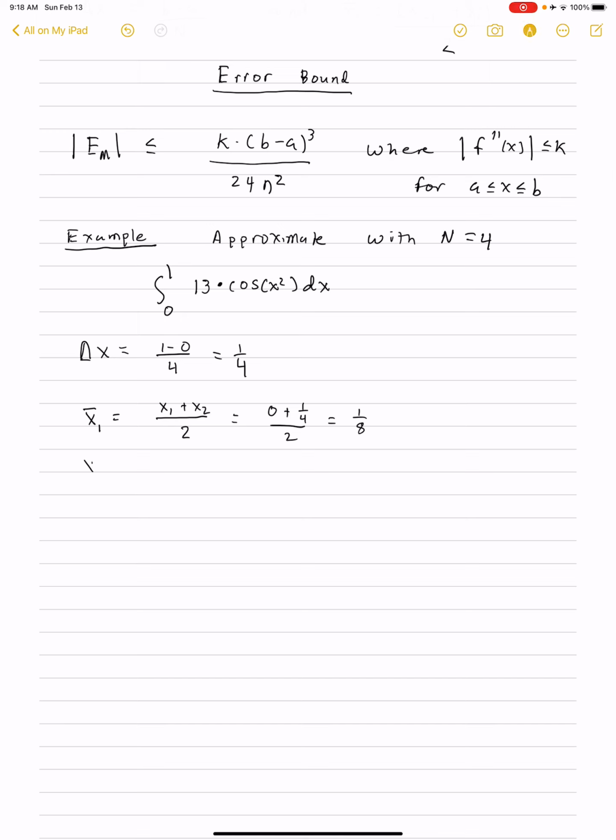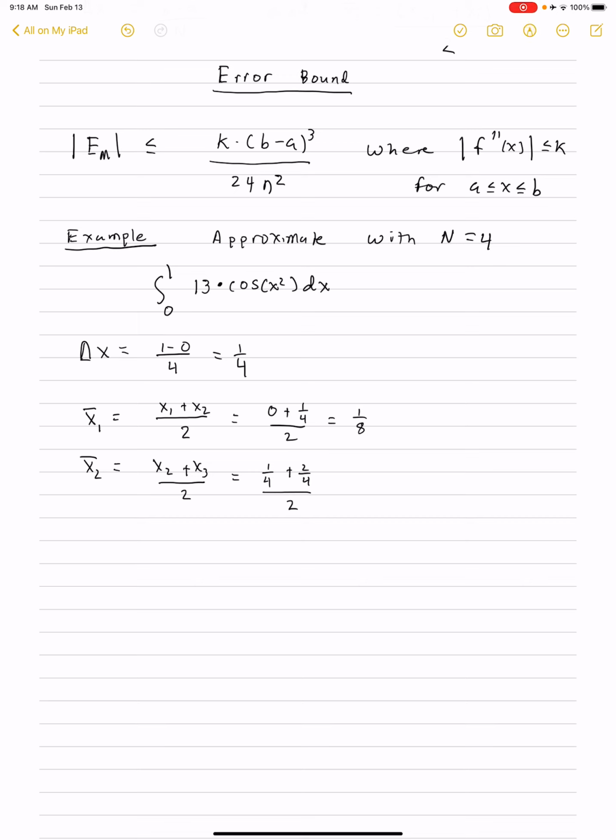X sub 2 bar is going to be the average of x sub 2 plus x sub 3 divided by 2. Well, that's going to be 1/4, the value of x sub 2, plus 2/4 divided by 2.